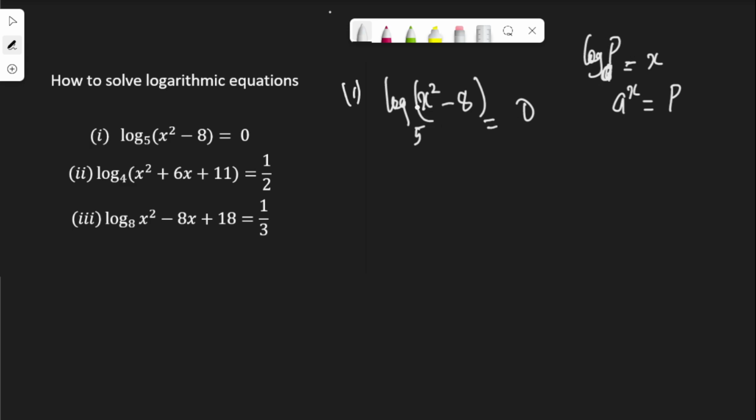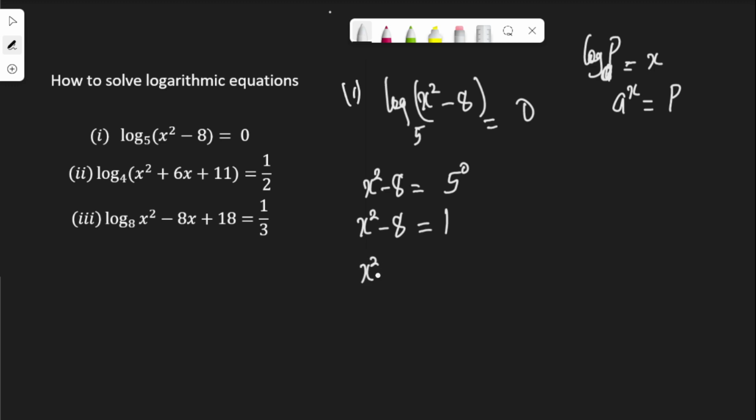So if we apply it here, that means x squared minus 8 will be equal to 5 to the power of 0. And any number raised to the power of 0 is 1. That means x squared minus 8 is equal to 1.